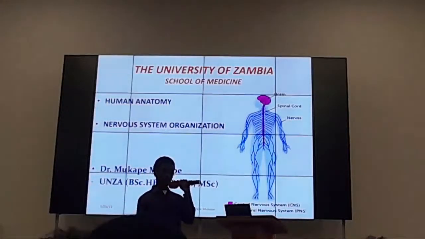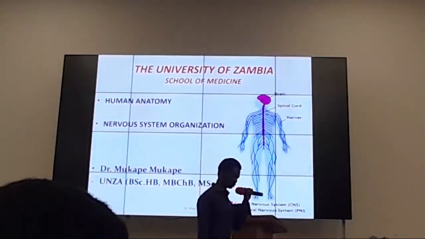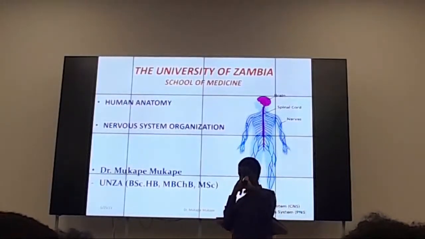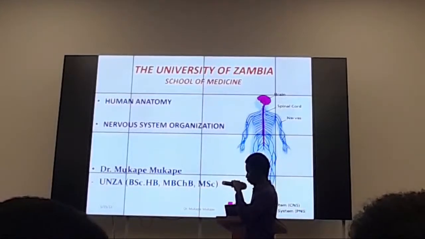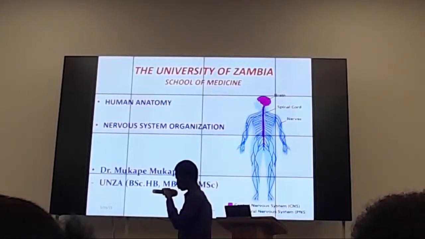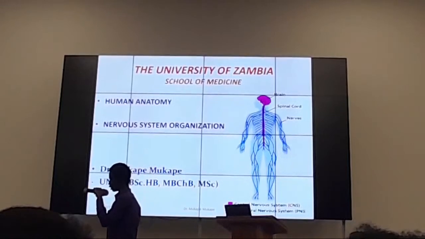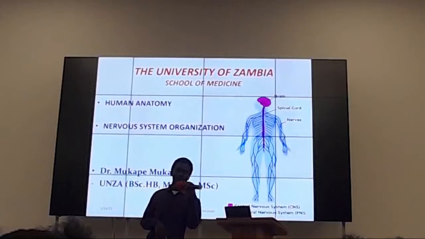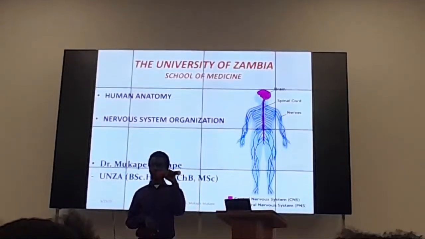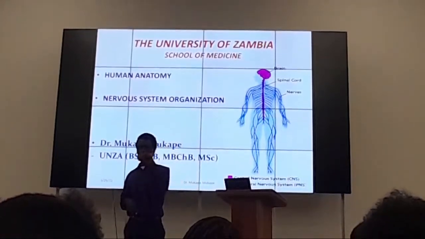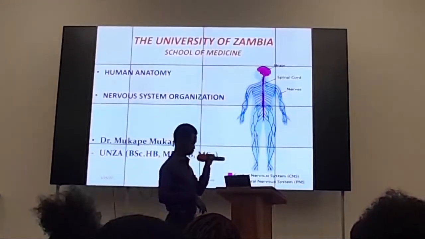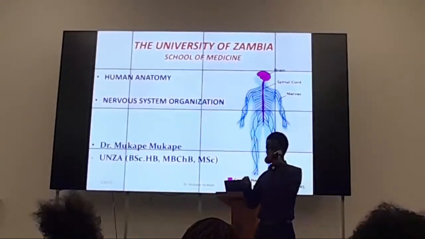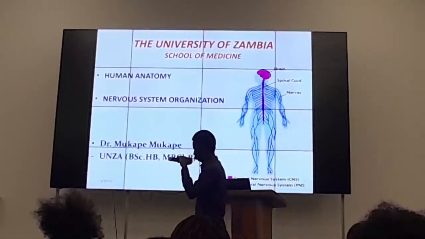So for instance, the parasympathetic system from the spinal cord, which segments? Where is the origin of the parasympathetic system from the spinal cord?